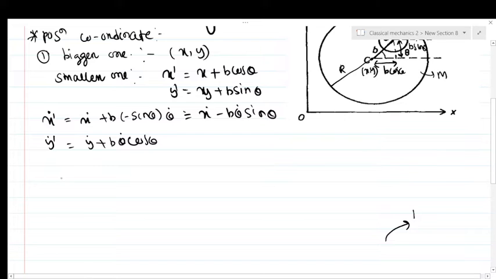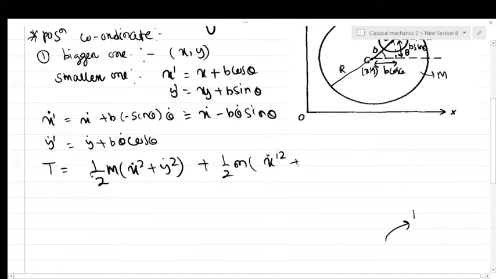Then the kinetic energy of the whole system will be half capital M times x dot square plus y dot square, plus half small m times x prime dot square plus y prime dot square.